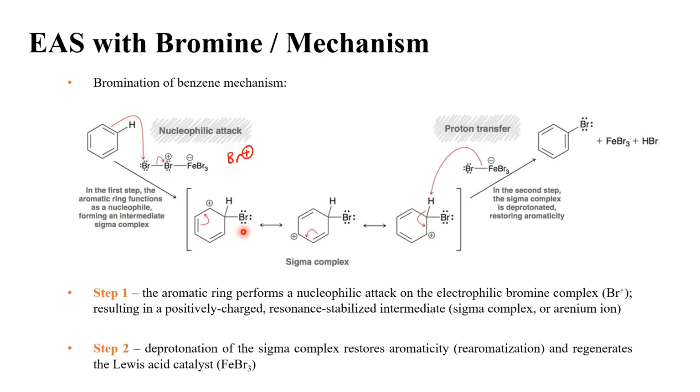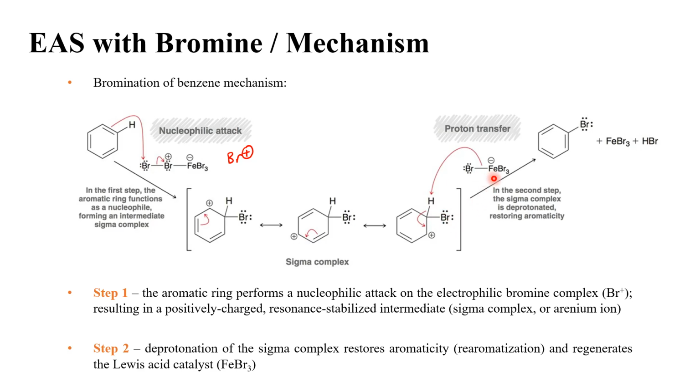But the good news is that that energy that was lost to break aromaticity is now going to be basically regenerated, right? The aromatic ring is going to be regenerated by grabbing a proton that was there, right? Isn't this proton right here, right? And isn't the whole point of an electrophilic aromatic substitution, EAS, that you're replacing a proton with an electrophile, your Br, right?